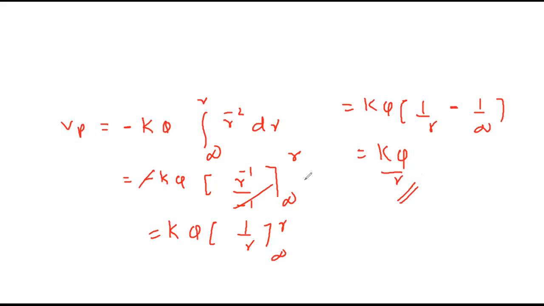Now if you see carefully, intensity was kQ by r square and V we are getting kQ by r, so indirectly V by r equals E. So what is potential at any point outside the charged sphere? kQ by r.